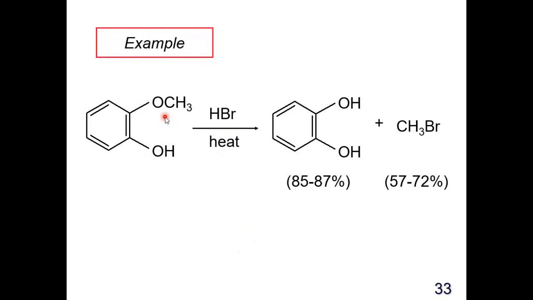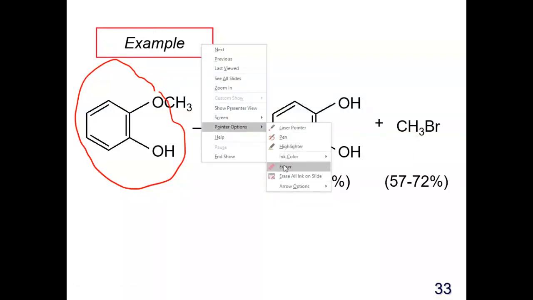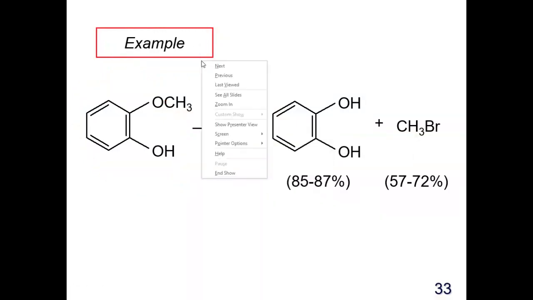Here's just another example. This whole thing is the aromatic group, and this part is the alkyl group. So for the aromatic group, you will get it in the form of phenol. I'm sorry, I think I should exclude the oxygen atom.